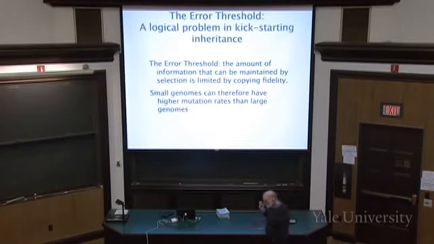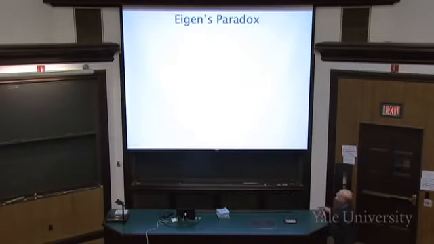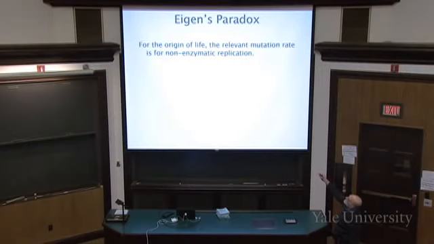A small genome is small enough so that the probability of a mutation at any one place in it is fairly small. A big genome is extremely likely to have a bunch of mutations. So there's a relationship between the size of the genome and the amount of mutation that can be tolerated.